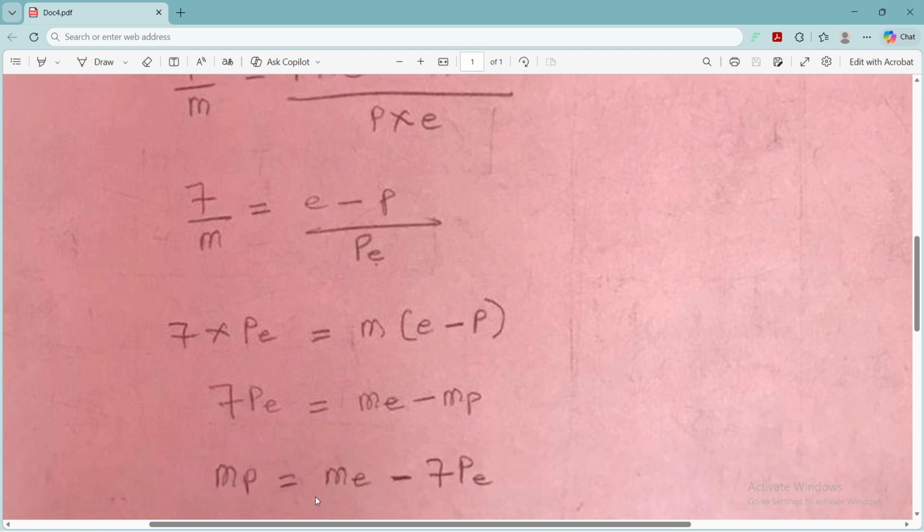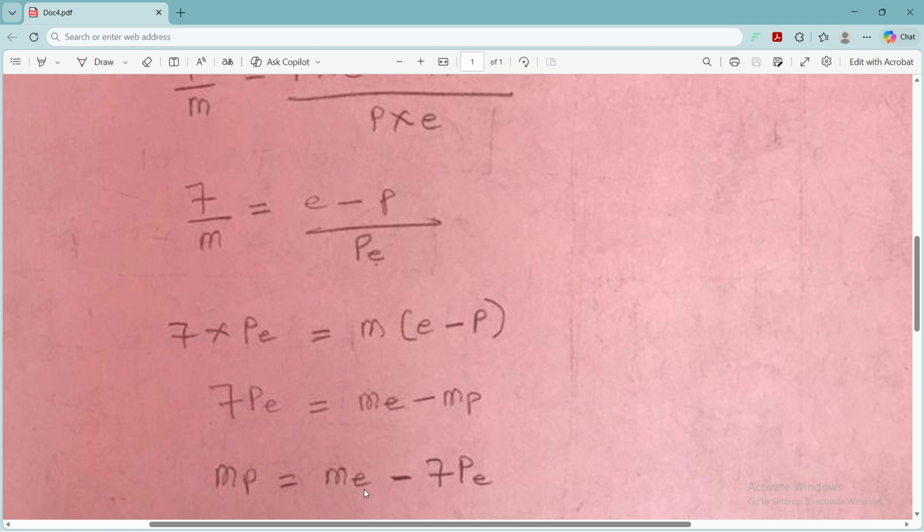So we are going to have our new equation to be MP is equal to ME minus 7PE, right? And we were tasked to make E the subject of the relation, right? But E is the common factor here, so we factor E out. So we bring E out, and in bracket, what factor can multiply E for us to get ME is M, right?